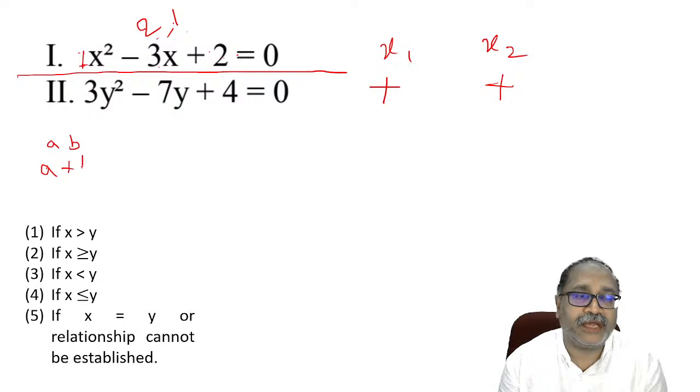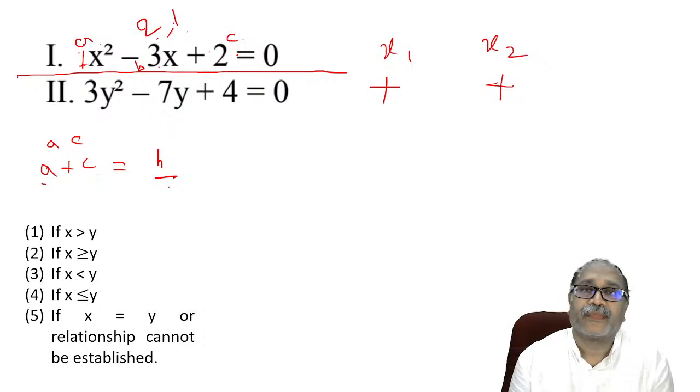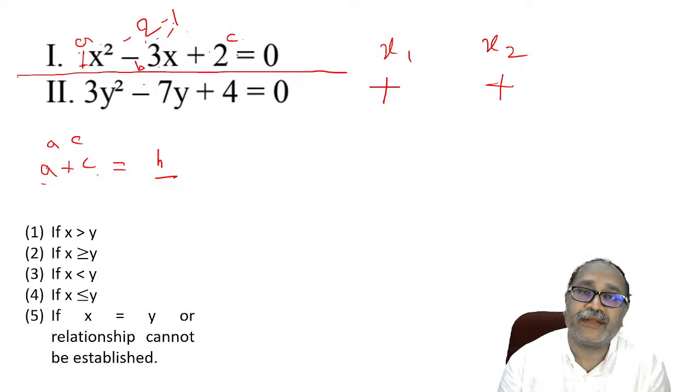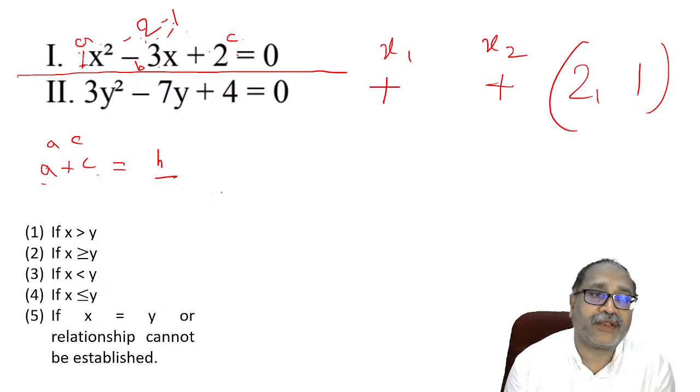And A plus B should be equal to A into C, where this is A, this is C, and this is B. So here 2 and 1, minus 2 minus 1, is it minus 3? Yes, it's minus 3. So bring this 2 here and 1 here for the x value.